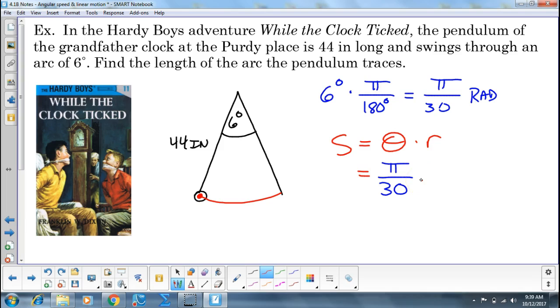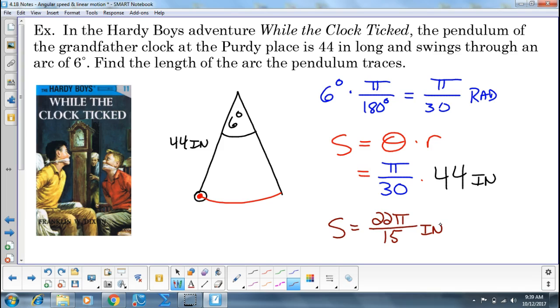And my radius is 44 inches. Okay. So that ends up being, let's call my arc length here, 22 pi over 15 inches, if I divide the 44 by 2 and divide the 30 by 2.